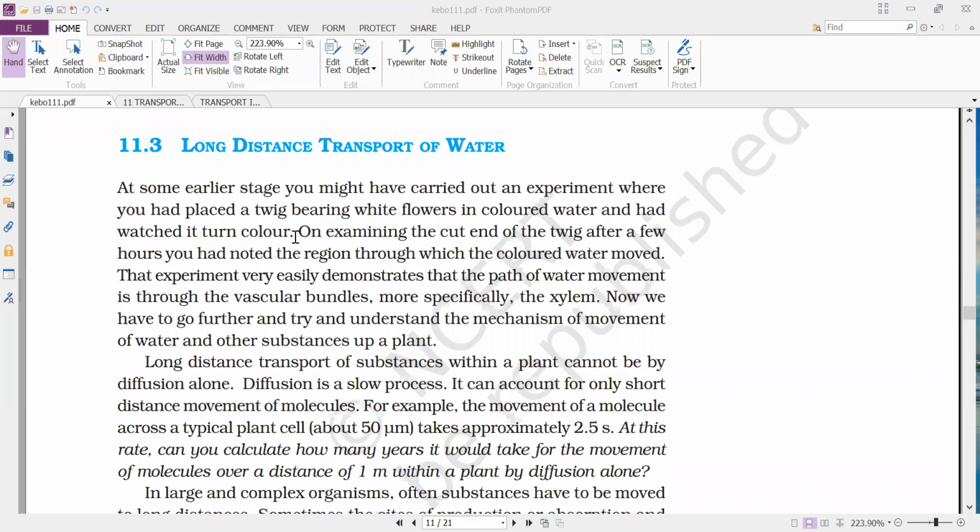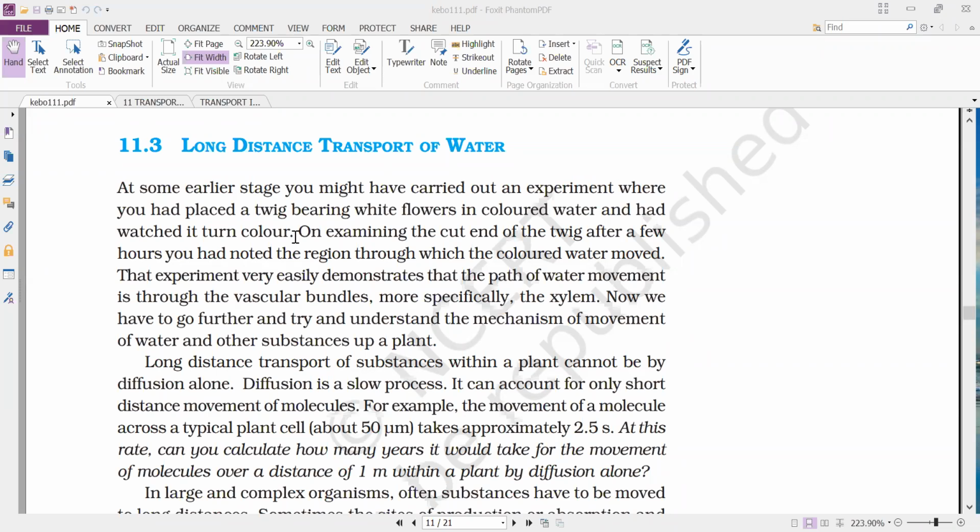There are two types of vascular tissues, xylem and phloem, and specifically we can observe that the xylem region is colored, indicating that it is the region through which the colored water has been transported from the beaker to the upper parts of the plant body.